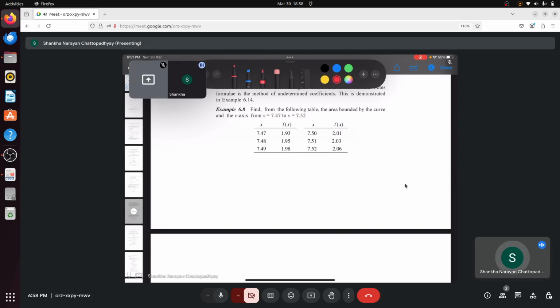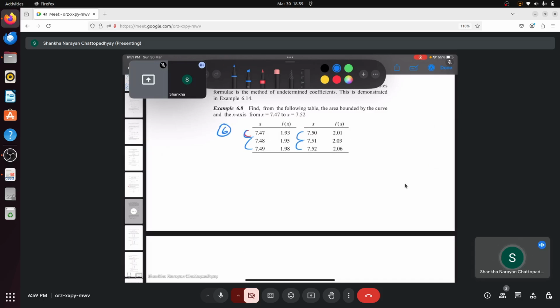What you have to do is just one calculation. You have your x, so what is your h? There are total 1, 2, 3, 4, 5, so there are 6 points total. So you just need to use the composite trapezoidal formula, so that will give you your h. h is 0.01 by 2.